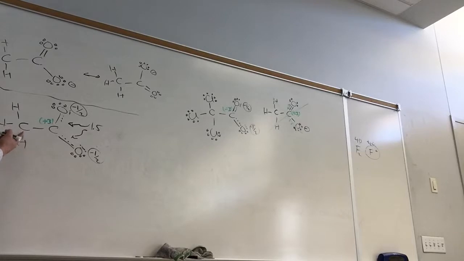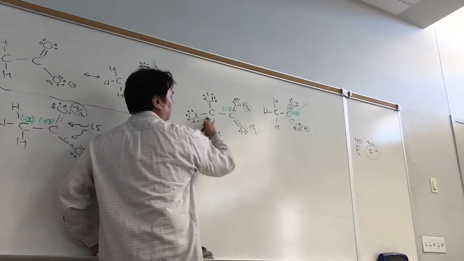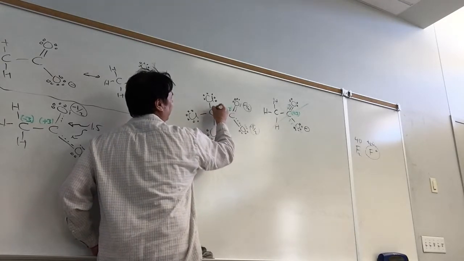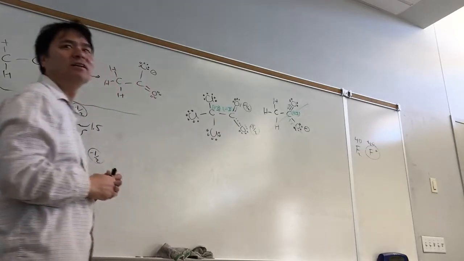Oxidation state of this carbon is 2, 4, 6, 7. What's the oxidation state of this carbon? This is a -3. What's the oxidation state of this carbon here? +3. Do you see now?